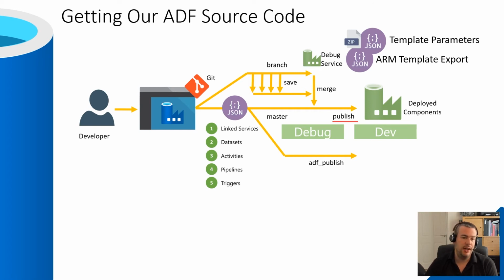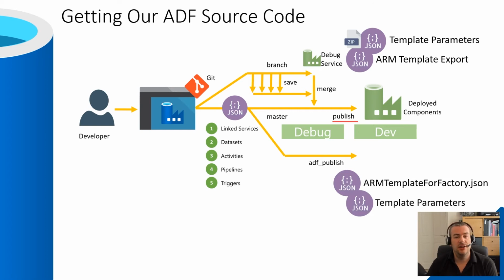Now, what you'll find if you look at that other code branch, you'll get a third set of JSON files, and this one will now be called, I quote, ARM template for factory.json. Now, if we want to automate the delivery and the deployment of our data factory, that is the one that we need to use, and that's the one that we need to focus on for now if we're thinking about that option 2 deployment scenario.